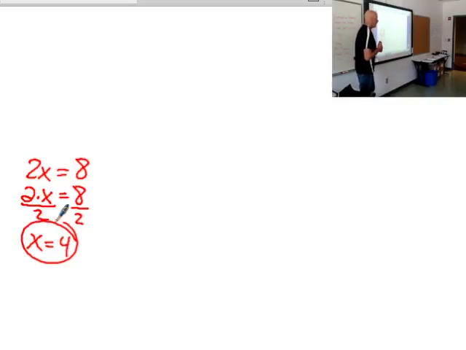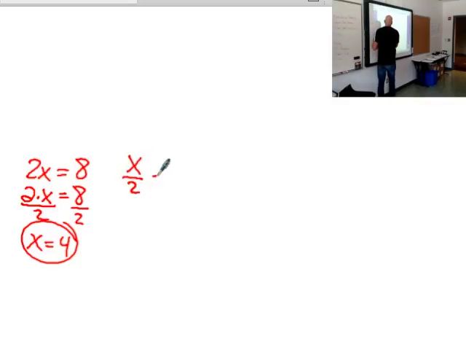Now, what if we have x over 2 is equal to 4? This symbol right here, the fraction bar, what is that? Division. x divided by 2 is equal to 4. So, what is the inverse operation of division?